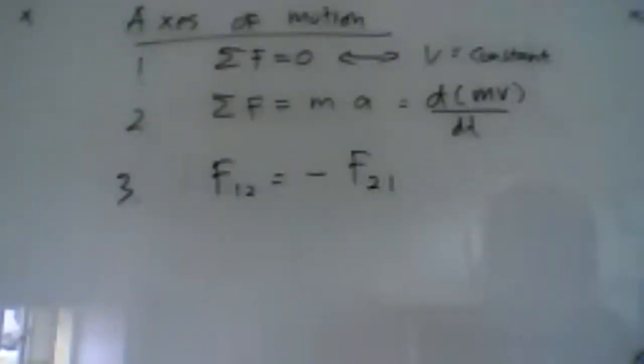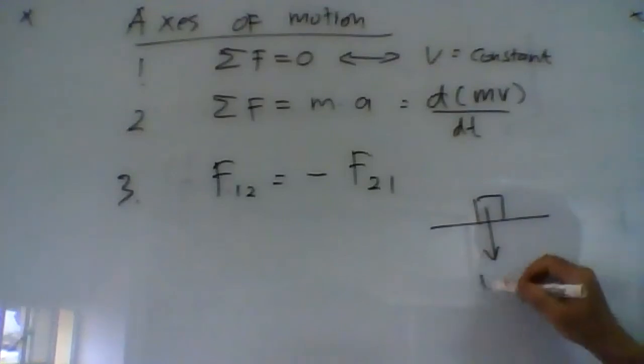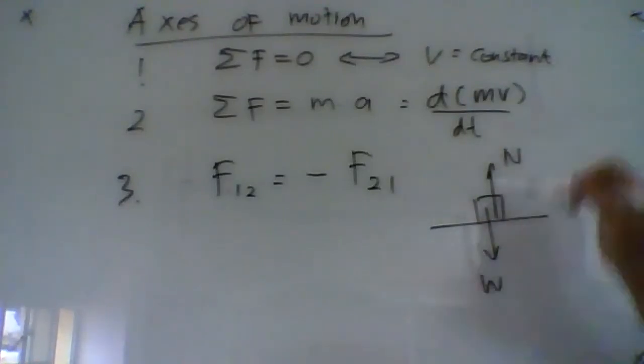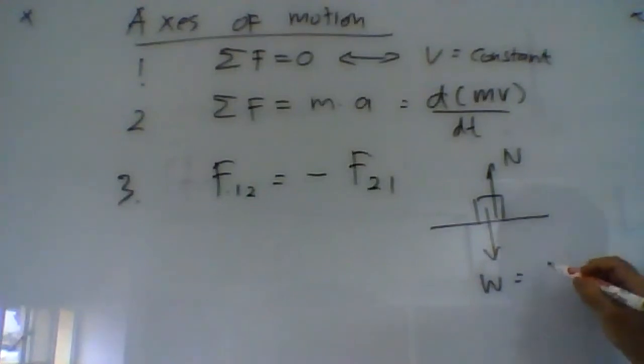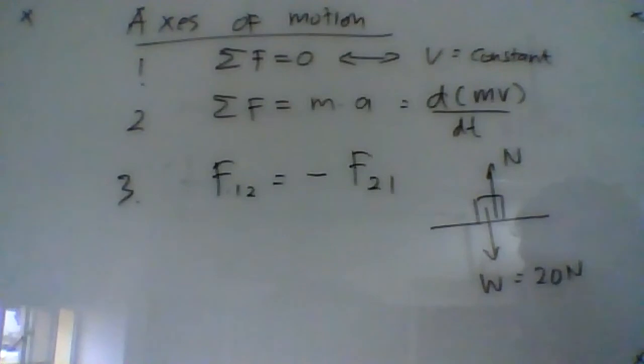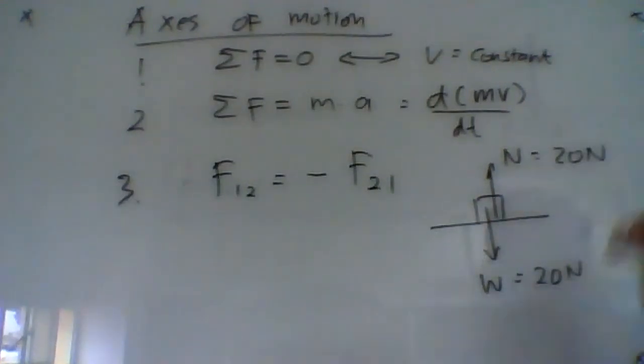One of the things that students often confuse is if we have a weight and a normal contact force. If an object is at rest, and the weight of the object is, let's say, 20 Newton, which means the object is 2 kilograms, then the normal contact force will also be 20 Newton.